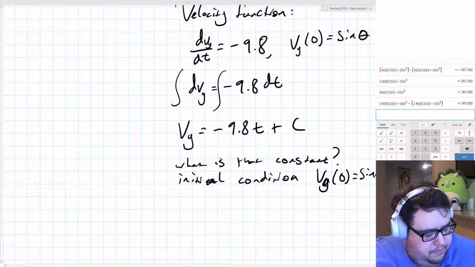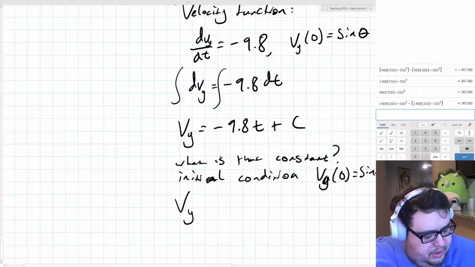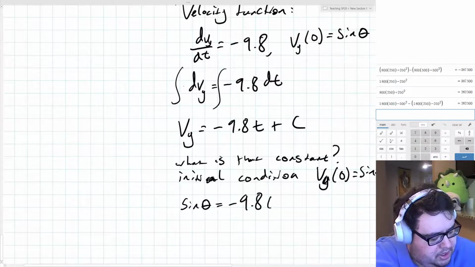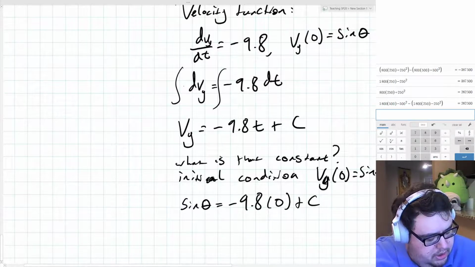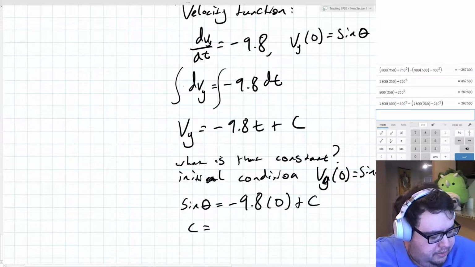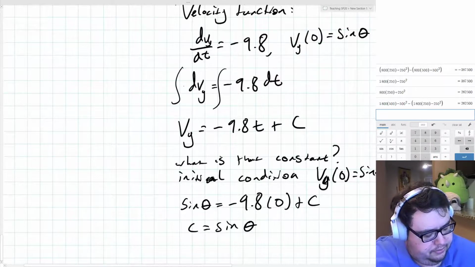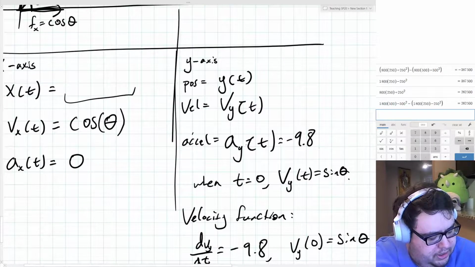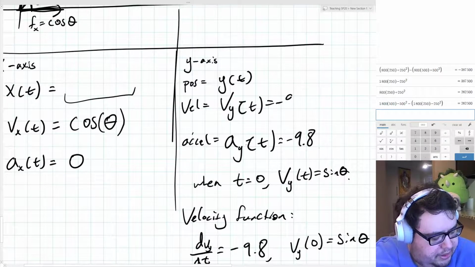So that means that sine of theta is equal to negative 9.8 times 0 plus a constant. So our constant is just sine of theta. So v sub y of t is negative 9.8 t plus sine theta.